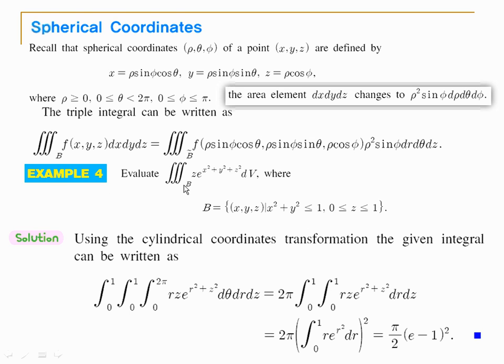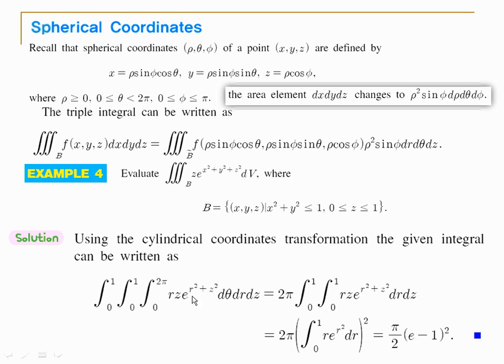The next example is to evaluate this integral, where B is given in this way. If we substitute with spherical coordinates, in this case we could handle this triple integral by cylindrical coordinates.